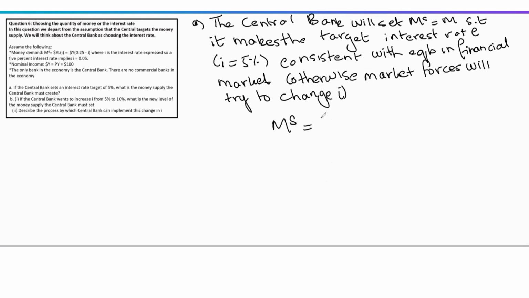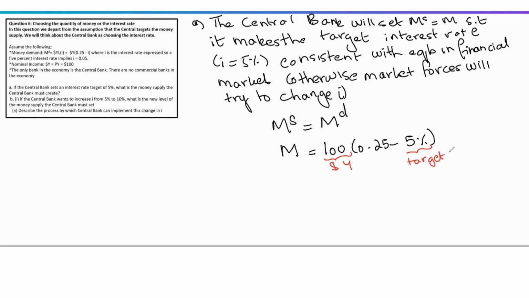So basically, you want the target interest rate to be consistent with equilibrium in the financial market, where equilibrium occurs when money supply is money demand. So the money supply you're setting at M to make it consistent. Money demand is given to us as 100 times 0.25 minus 5%. What is the 100 here? 100 over here is the nominal income $Y, and the 5% here is the target interest rate.